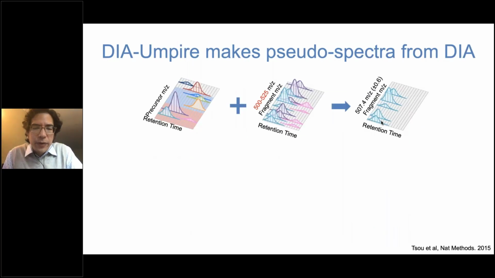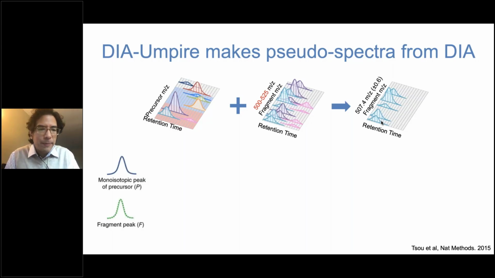Another way to do this is using a method called DIA-Umpire, developed by the Nesvizhskii lab in 2015, and has been recently re-implemented as direct DIA in Spectronaut and that sort of thing. But these types of methods essentially try to extract out co-eluting fragment ions that are associated with a specific peptide and make a pseudo-spectrum.